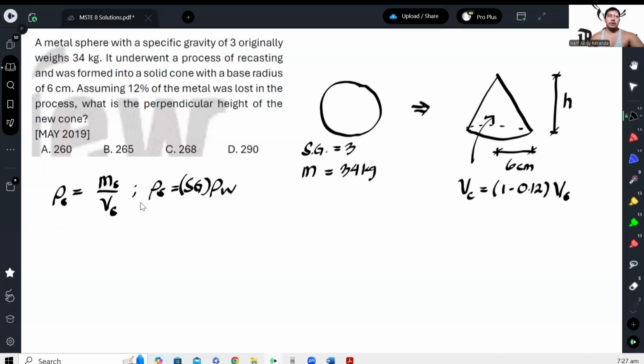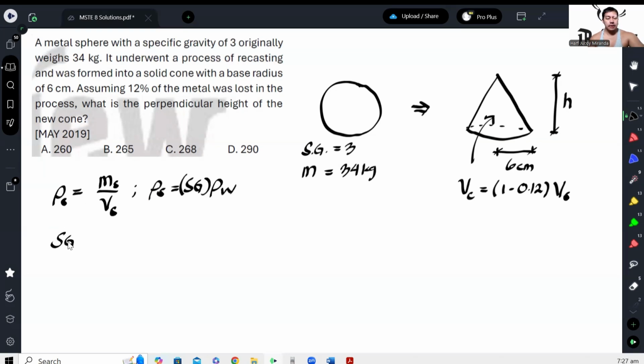Okay? O di kaya yung specific gravity is equal to the density of material divided by the density of water, no? And working around from there, makukuha mo na yung density ng material equal sa product ng specific gravity and density ng water.